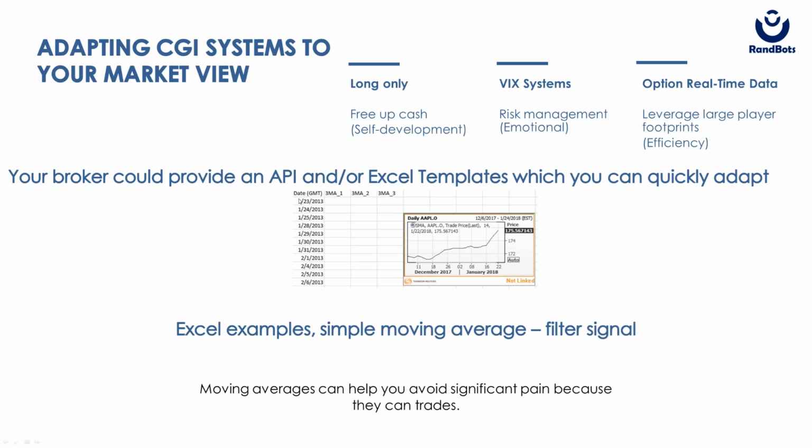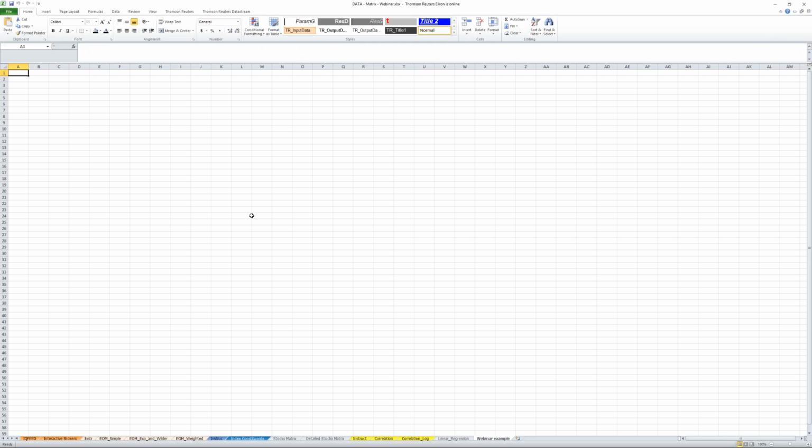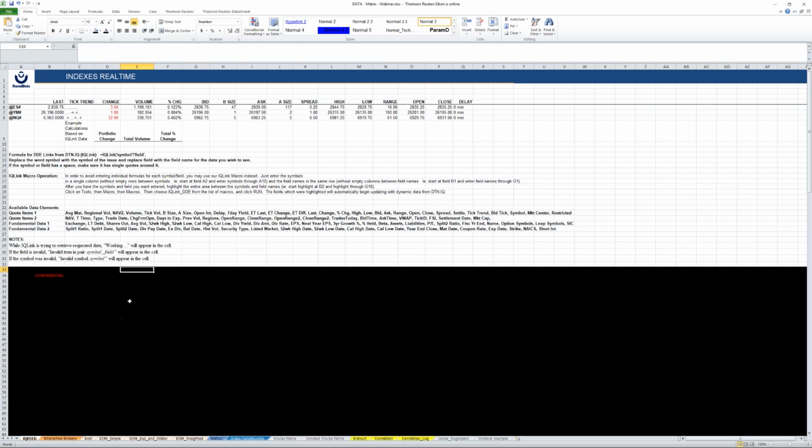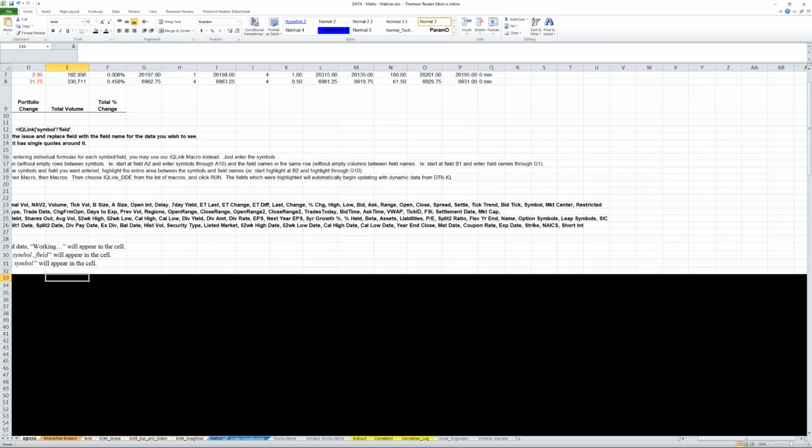Most of your brokers or data providers could provide an API or Excel templates which you can adopt quickly. Let me show you one of the ones I use because it could be beneficial for you. This is a template for the indexes.